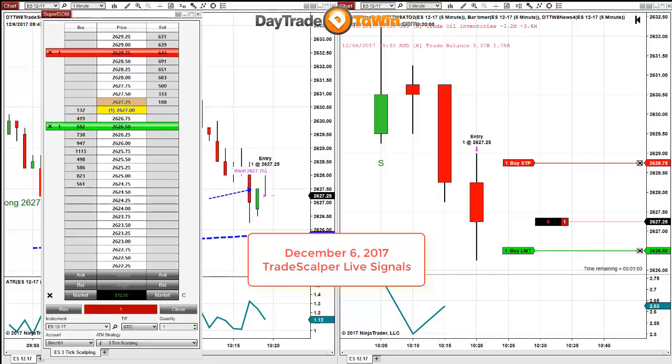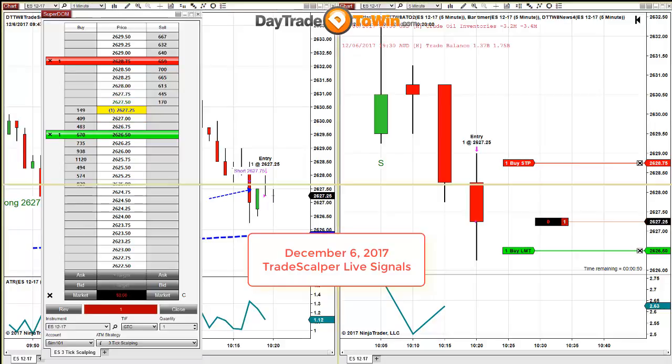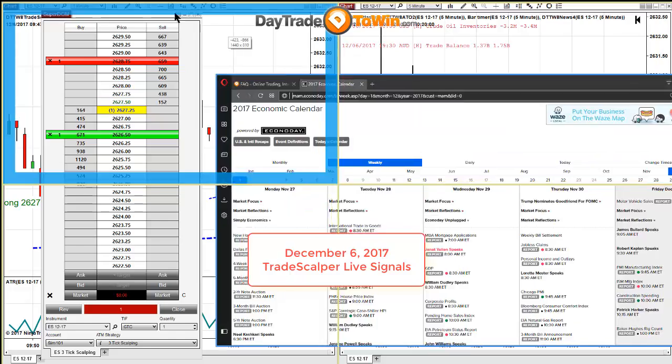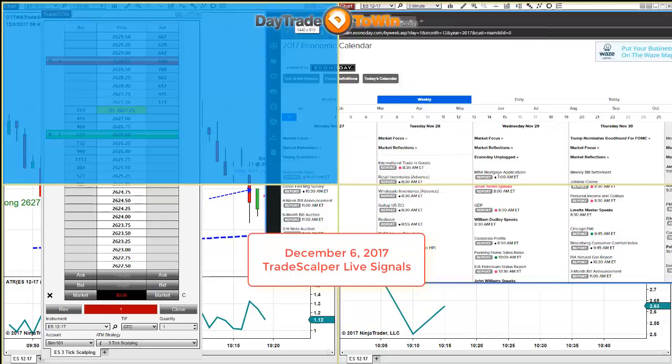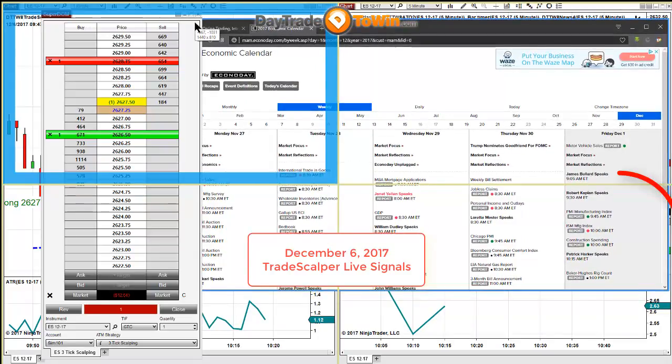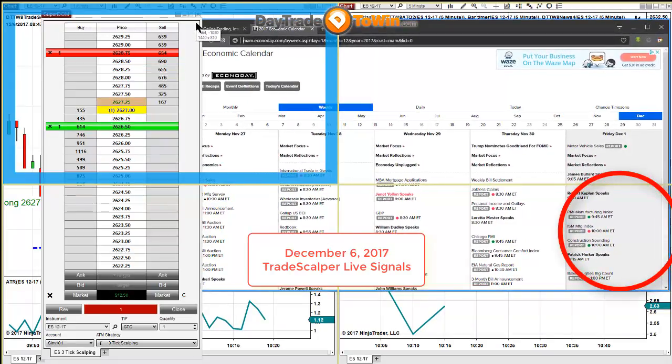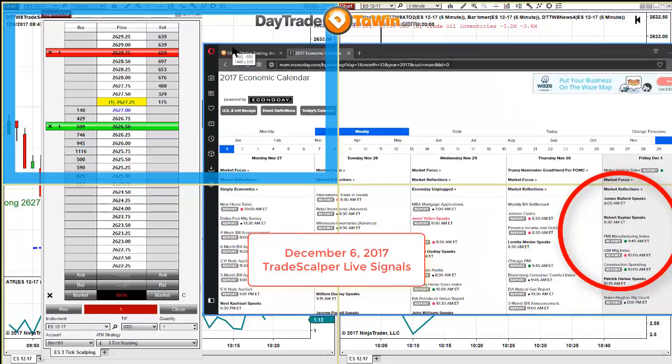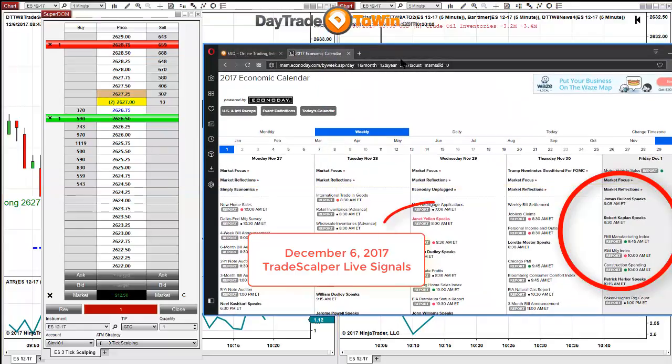Let's take a look here. This is the calendar that I look at. It's the Econoday or the Bloomberg. I was just taking a look here. You see Friday, ISM manufacturing, 10 o'clock. The red dot there indicates it should be a market mover.